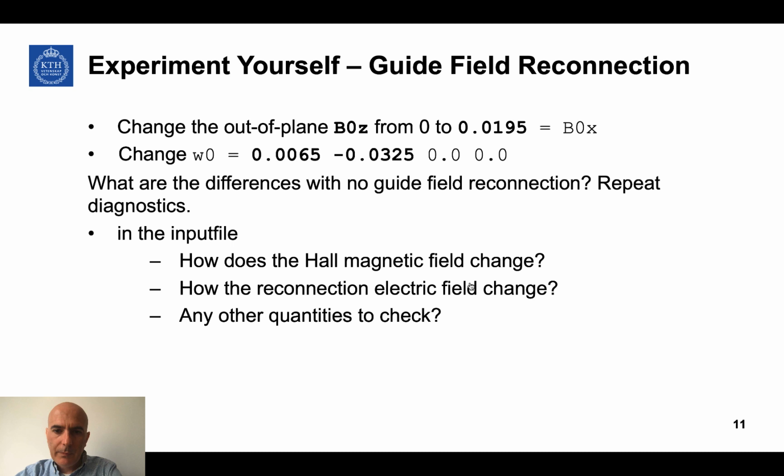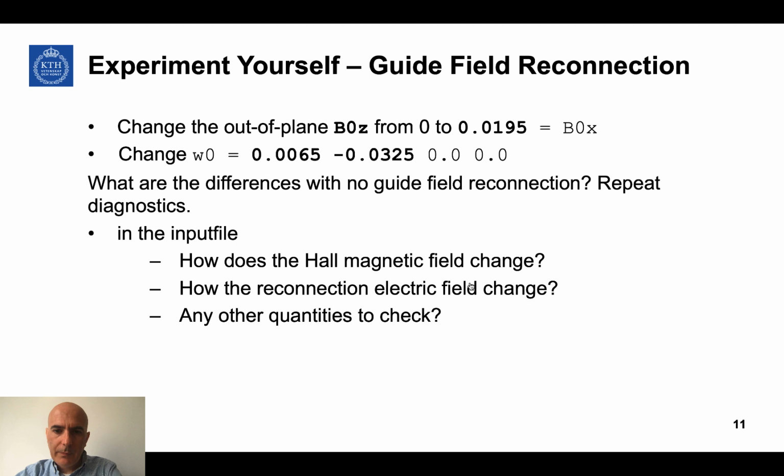The guide field is the out-of-plane magnetic field that can be added. This is often used, for instance, to simulate magnetic reconnection at the dayside, without a symmetry in the density, but with a guide field component.